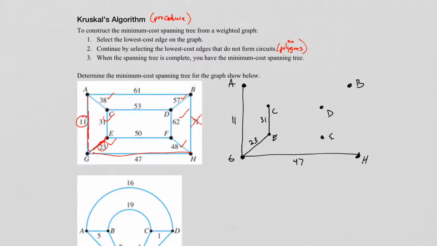Now, what's the cheapest way to get to D? Well, let's erase all this. So we did these 3. The cheapest way to get to D would be 53, versus 62.